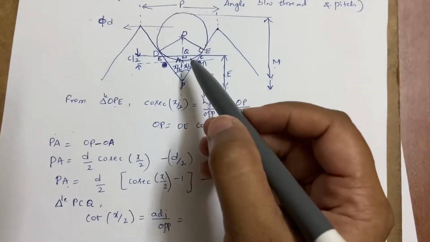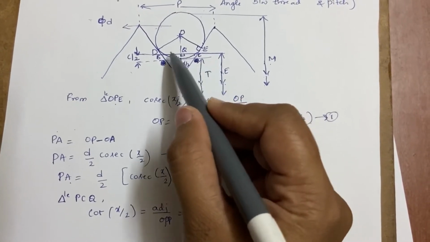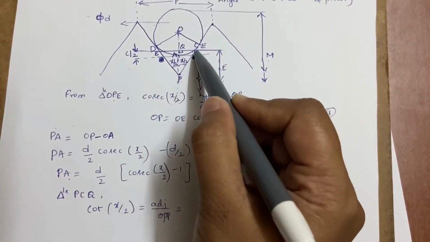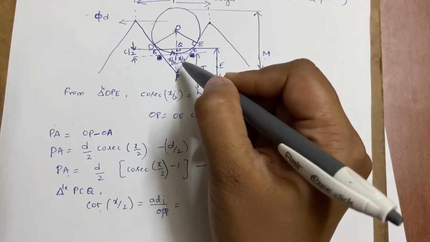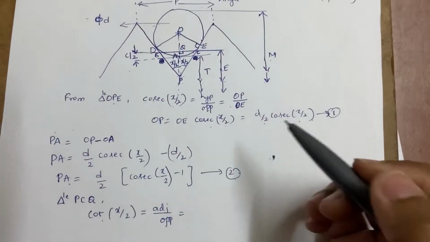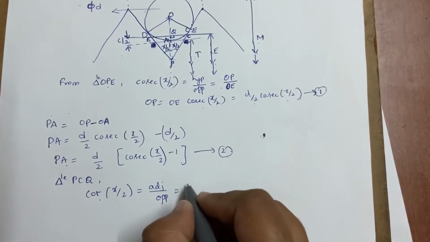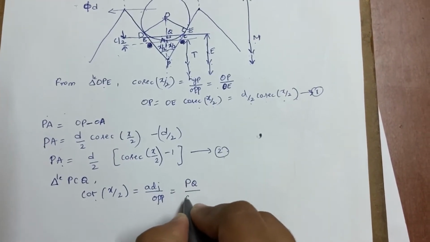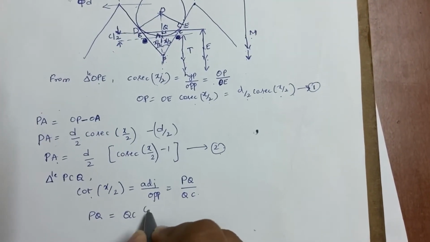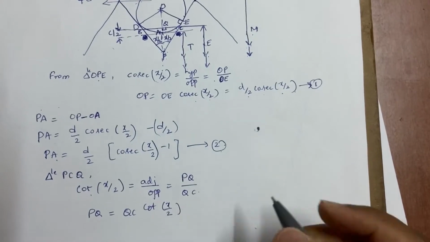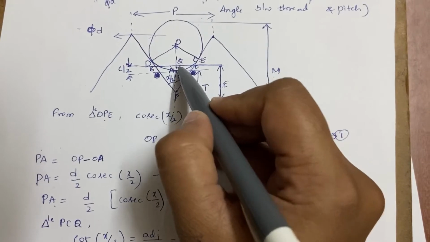Now considering the triangle PCQ, the line joining is BQC. If we take cot x by 2, where x by 2 is half of the thread angle, cot x by 2 is adjacent by opposite, that is PQ by QC. Therefore PQ is equal to QC cot x by 2. From the diagram, this is QC.